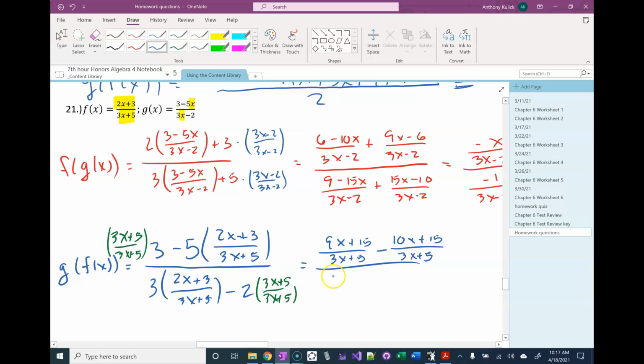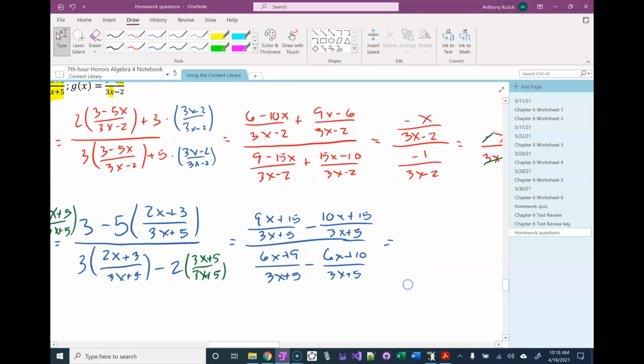And then 3 times 2x is 6x, 3 times 3 is 9. And then again, I'm going to leave the negative sign there and just do the 2. So that's 6x and 10. And now, when I combine these, I'm going to be worrying about the negatives.